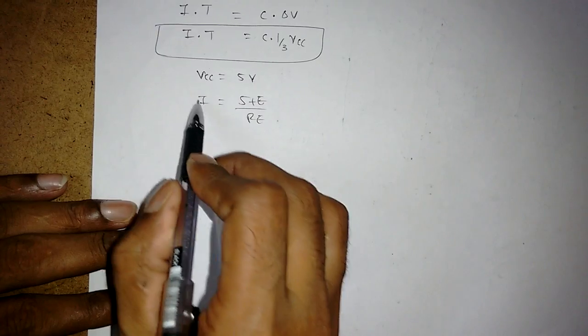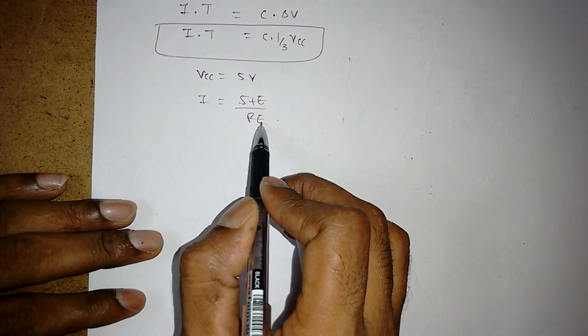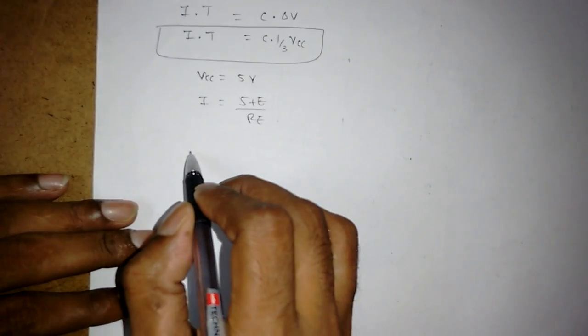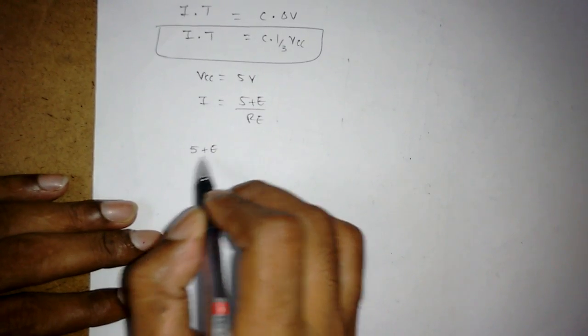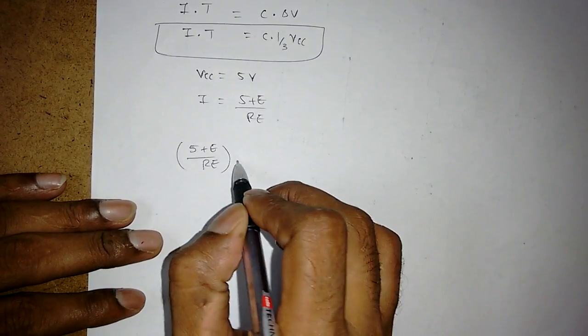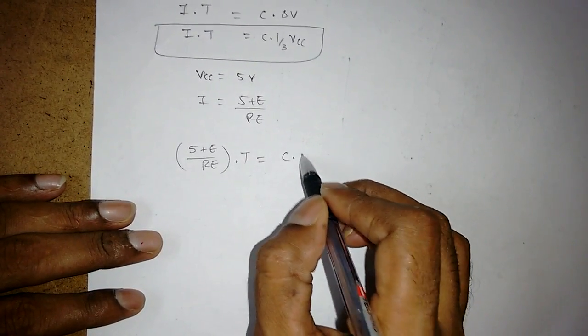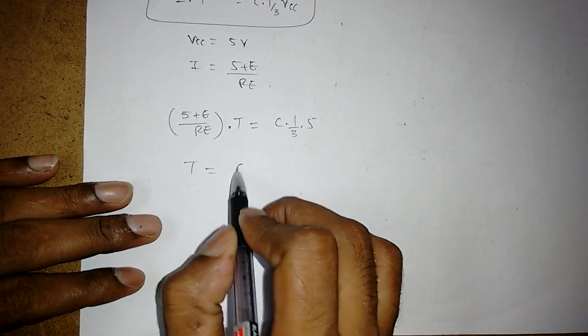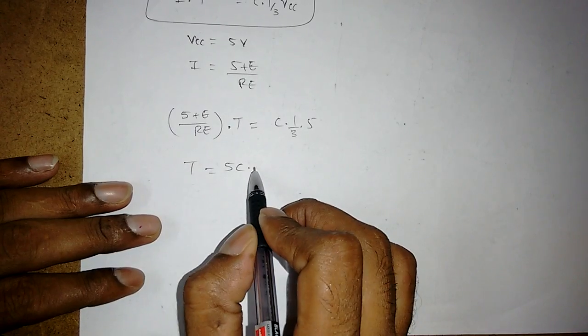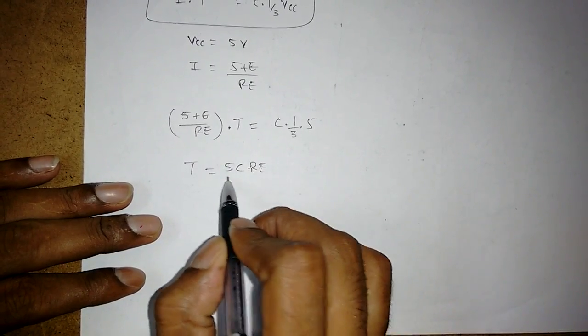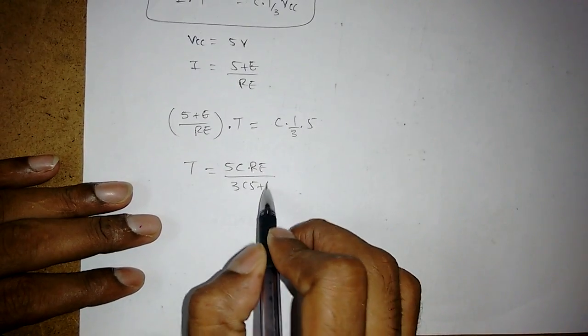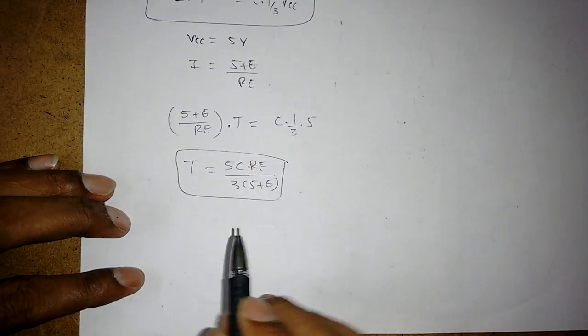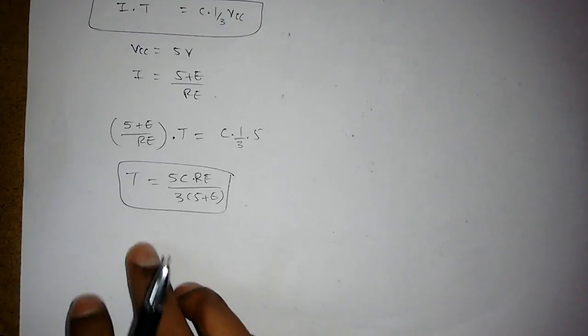That's why whenever the capacitor is charging, it depends on the resistance RE. So if you substitute here, (5 plus E) by RE into T is equal to C into 1 by third into 5, right? So T is equal to 5C RE by 3 into (5 plus E). This is the time period of the output signal.